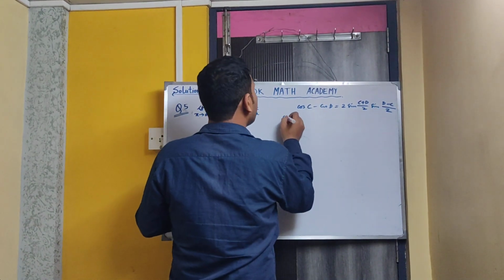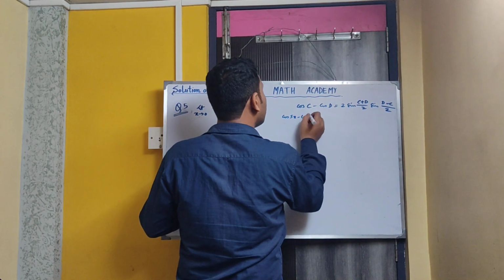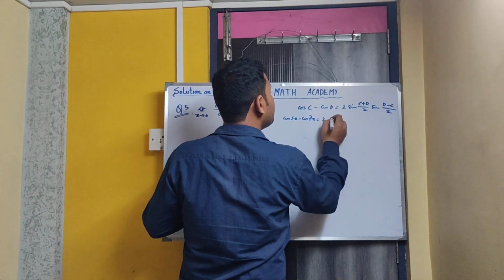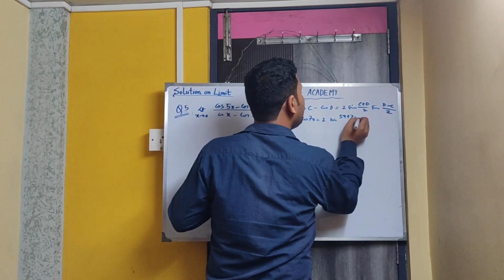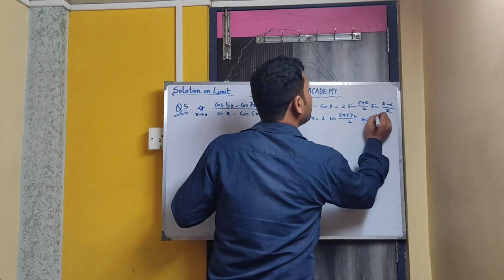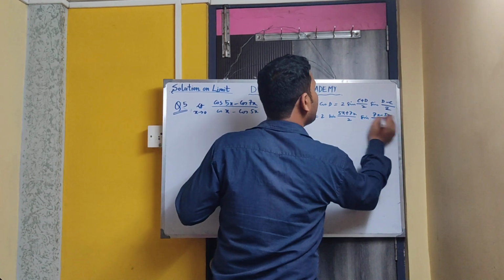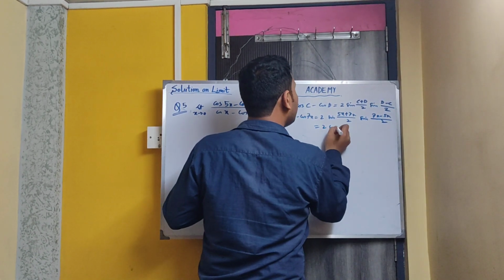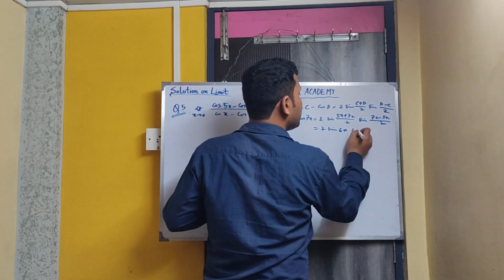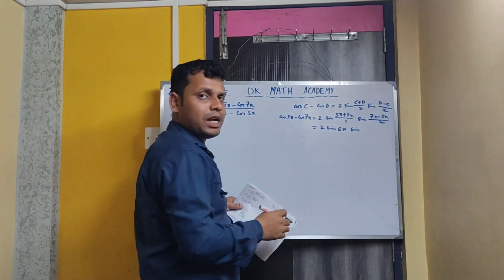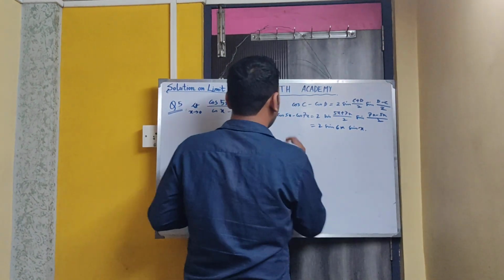So cos 5x minus cos 7x means 2 sin c plus d by 2 sin d minus c by 2. That means 2 sin, this is 12x by 2, that means 6x, and this is 2x by 2, that means x.